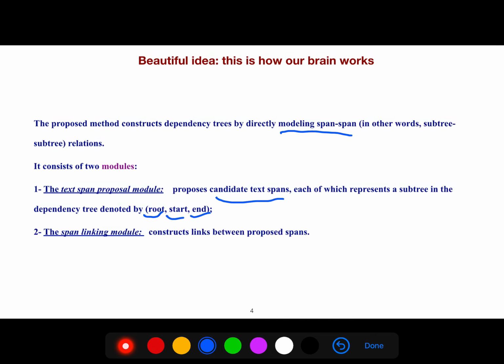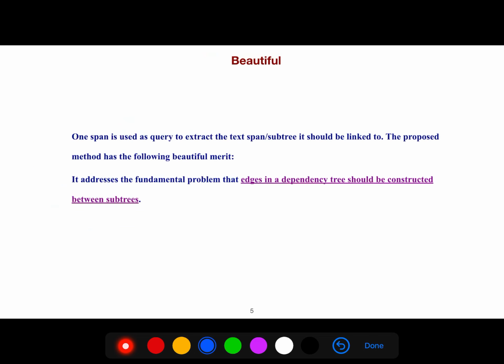The other module is span linking. Now that we know what the spans are, we construct the links between them. So it's very beautiful. One span is used as a query. We can think about it just like in reading comprehension: one span is used as a query to extract the text span or subtree it should be linked to.